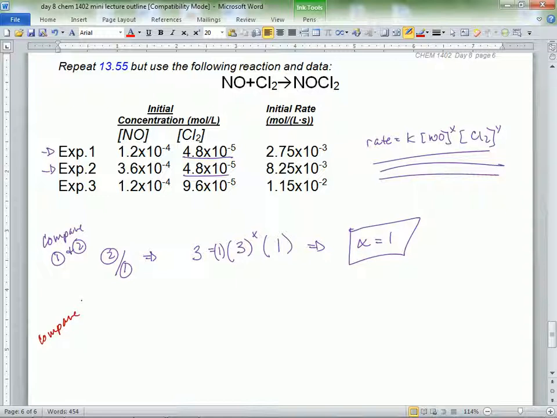Compare probably 1 and 3. Which 2 experiments did you divide for 1 and 3? Good. 3 is a bigger number. Good.